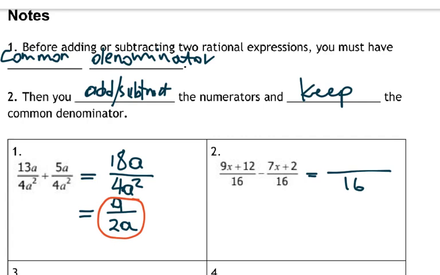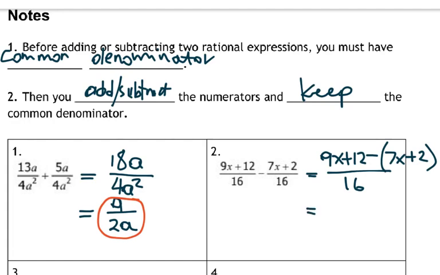To avoid a mistake, I would really suggest writing the numerators with subtraction first before you start combining. So I have 9x plus 12, and I need to subtract 7x plus 2. The parentheses are needed around the second expression, since this whole expression is being subtracted from 9x plus 12.